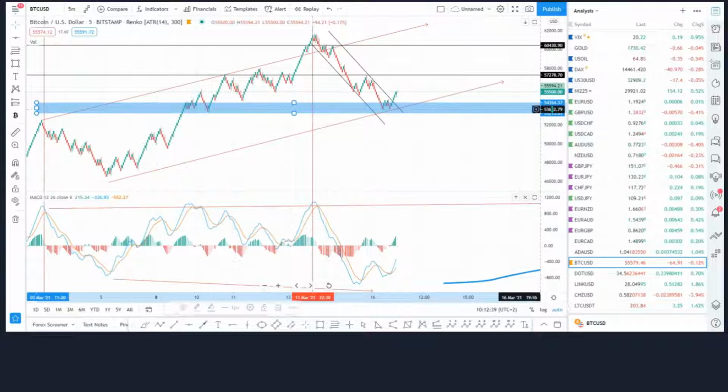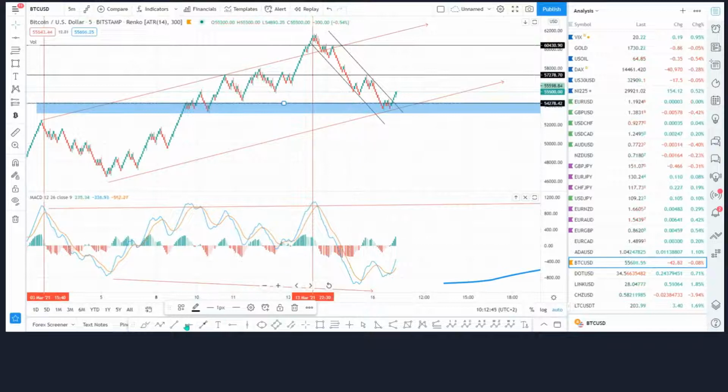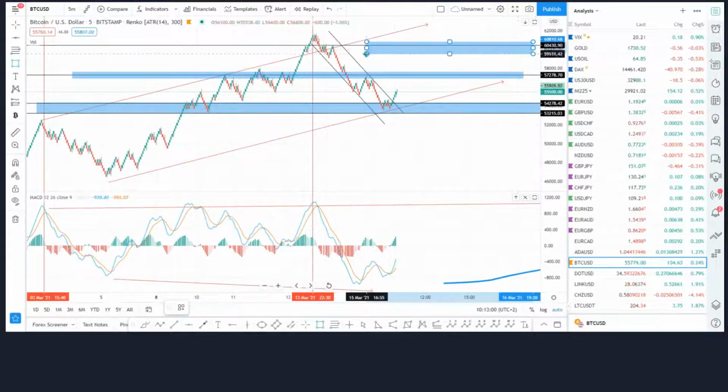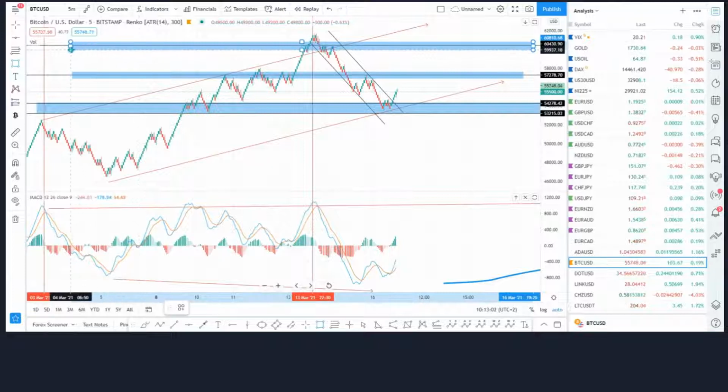Okay. So I think as long as we're above this one, we're probably going all the way. First, of course, this small target but I think we're gonna take it. Then second is this big one. Then after this 67.